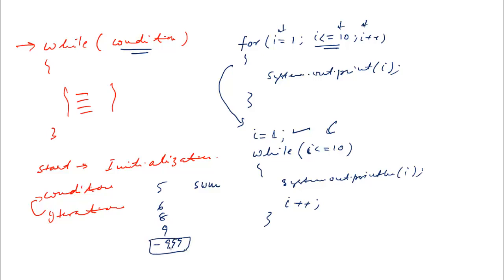When we don't know when the user will press -999, we use the while loop. So it is easier to use a while loop here. Actually we can do the same thing with a for loop, but instead we use a while loop.